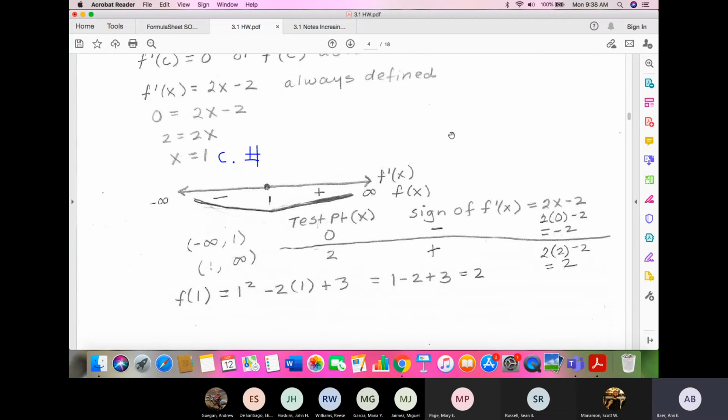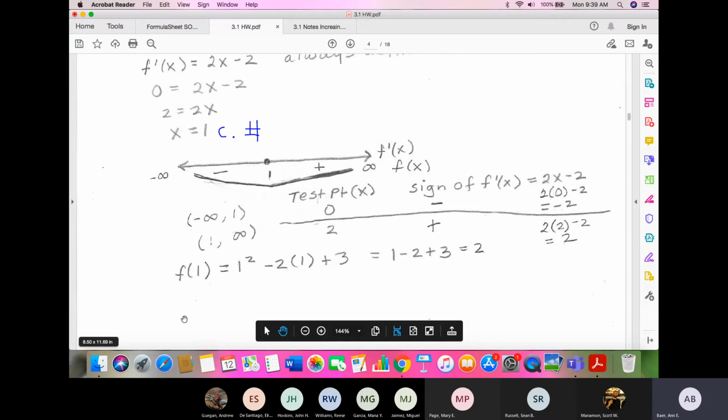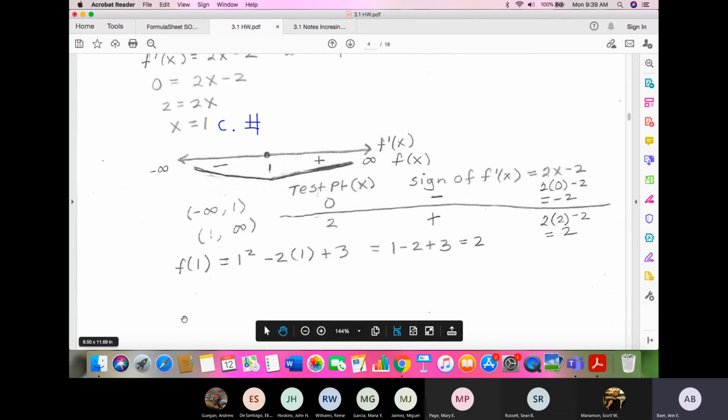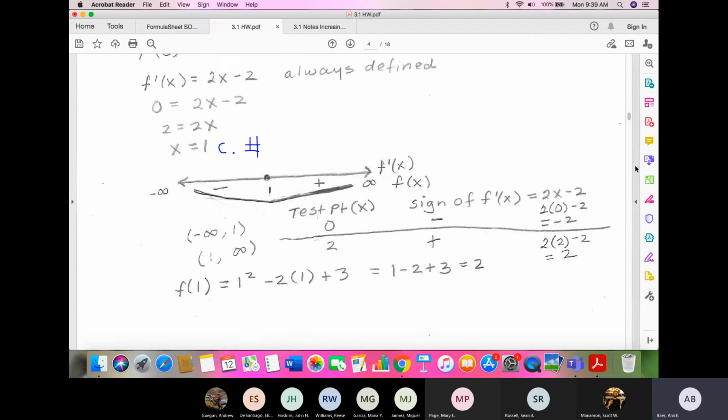If you notice, I've got a sign chart right here, and I've got a table right here underneath it. I do require you to show me these on a test. I'm looking to see if you understand the process of setting up a chart and a table, not looking for the answers so much.